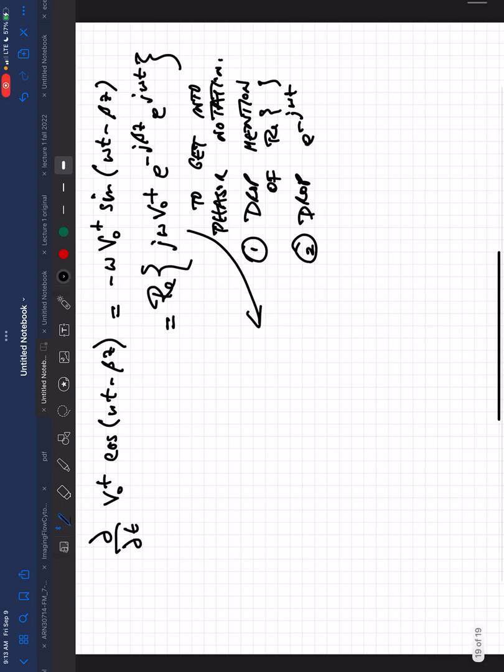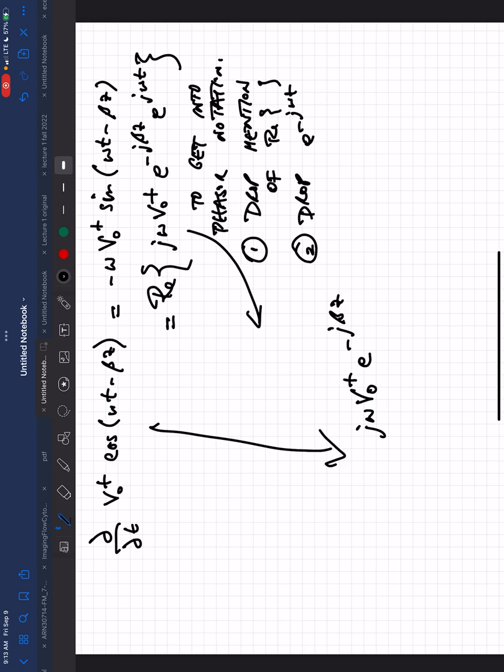Okay, so I'm going to say the answer to this thing in phasor notation is j omega V0 plus e to the minus j beta z. And I'm going to do all my math like that.